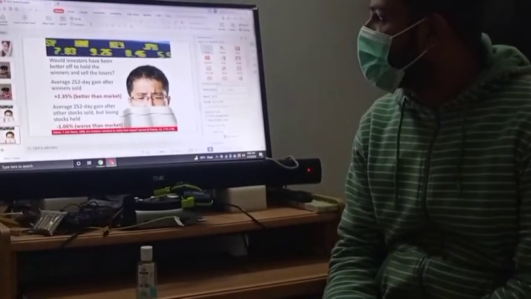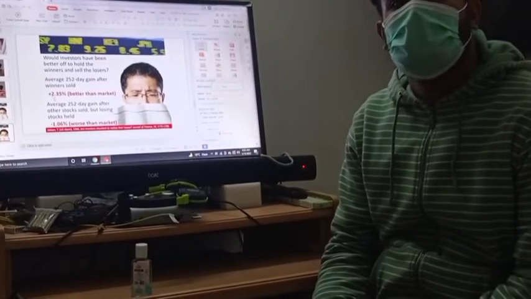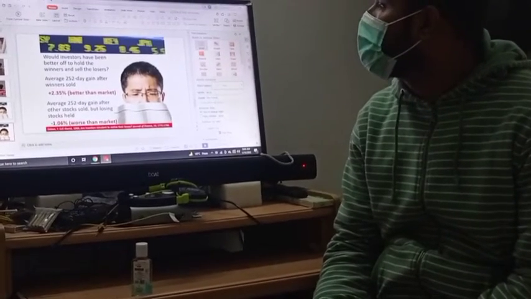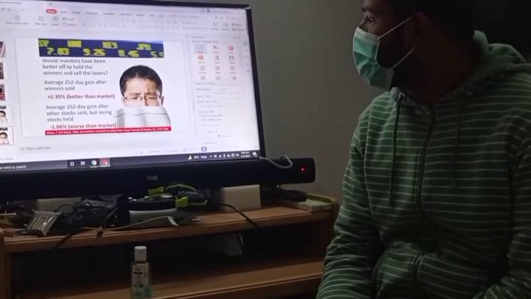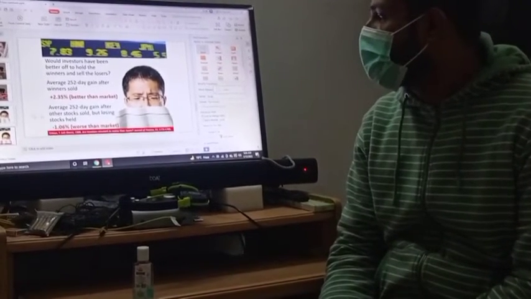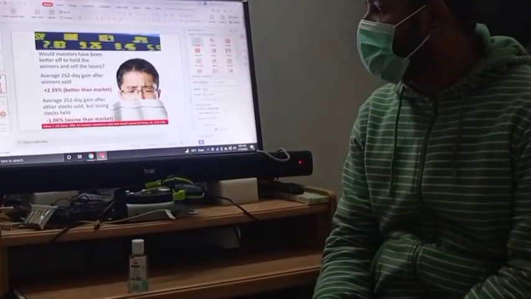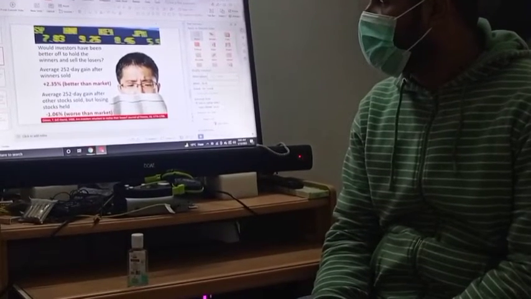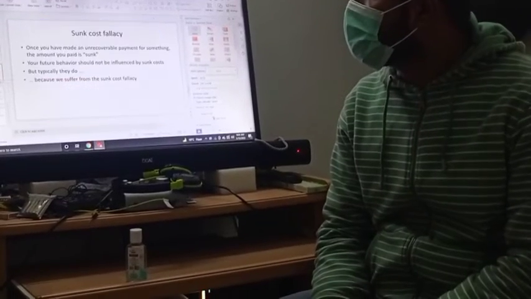Would investors have been better off to hold the winners and sell the losers? 2.35% better than the market. Average 252-day gain after other stocks sold but losing stocks held, 1.06% worse than the market. So this example makes whatever we discussed in the previous slides quite clear.